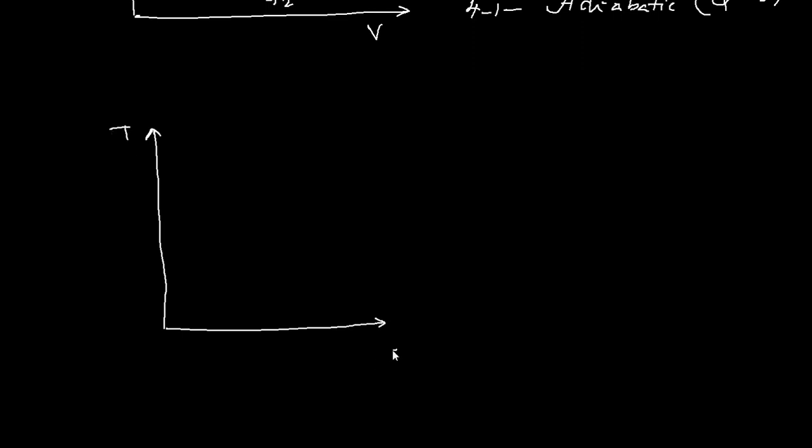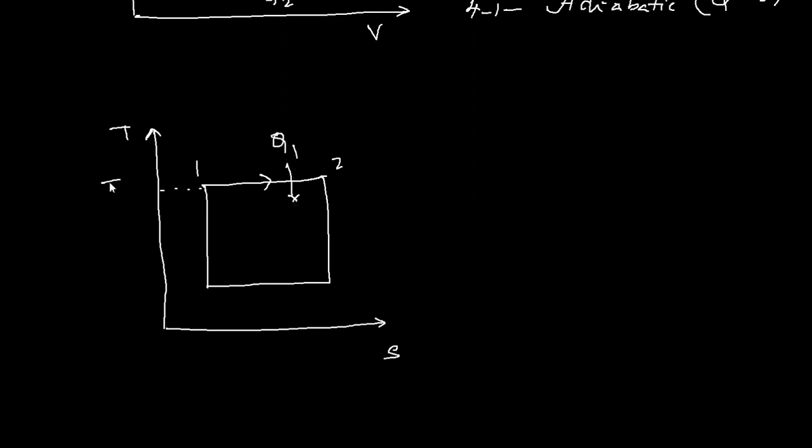On a TS diagram your Carnot cycle will simply be a rectangle, because the heat addition happens at constant temperature, and you can see T1 equal to T2 here, and your work output happens at no heat transfer. Therefore S2 equal to S3, where S is entropy.